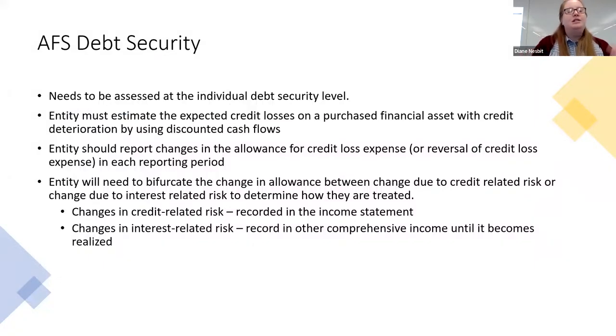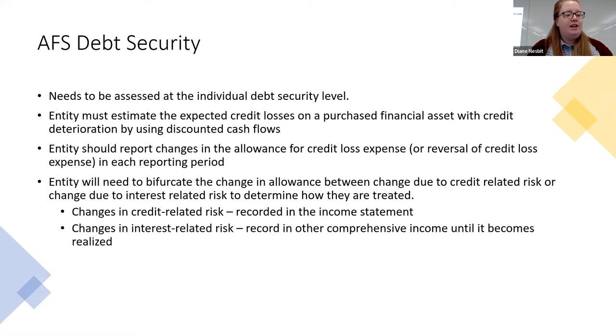So a couple of differences. For your available for sale debt securities, this does have to be looked at for each individual holding. As Diane just mentioned, with CECL you can group like assets. That is not the case for your available for sale debt securities. You have to evaluate the expected credit losses.